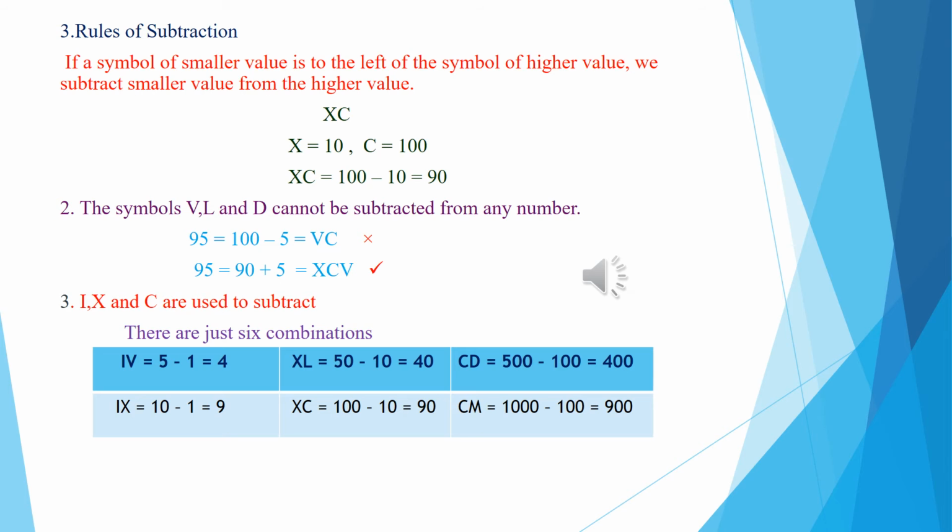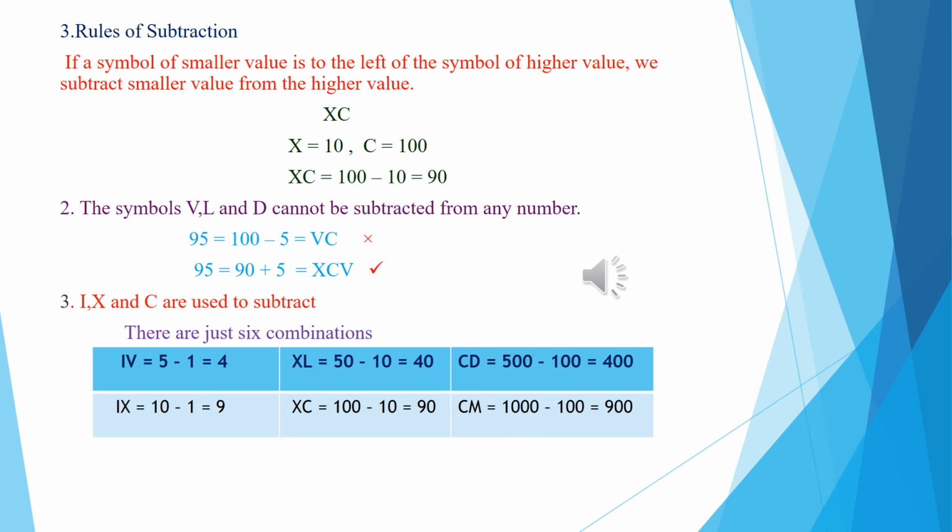Now, the third rule is I, X and C are used to subtract, and there are just 6 combinations for this. Let us see the following examples. IV equals 5 minus 1, which equals 4. IX equals 10 minus 1 equals 9. XL equals 50 minus 10 equals 40.